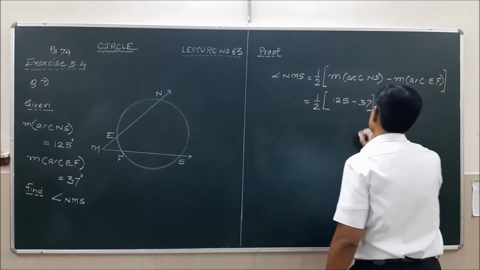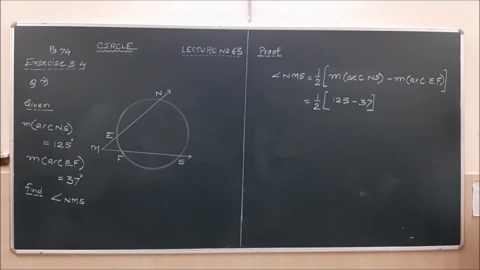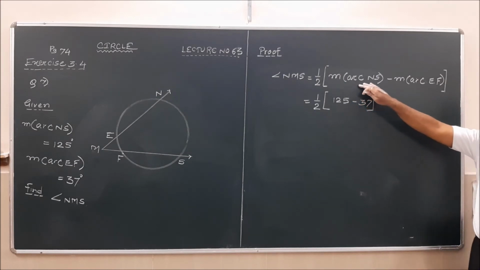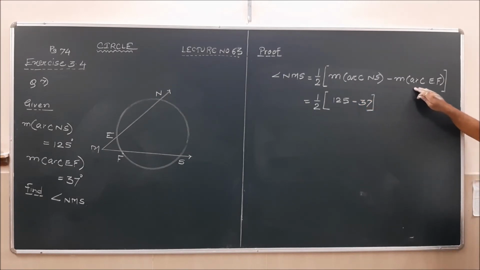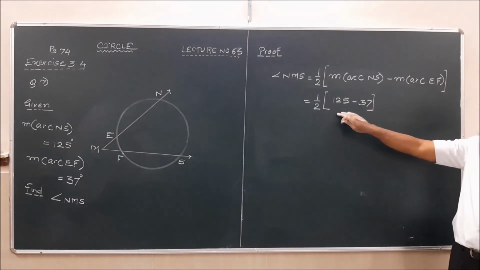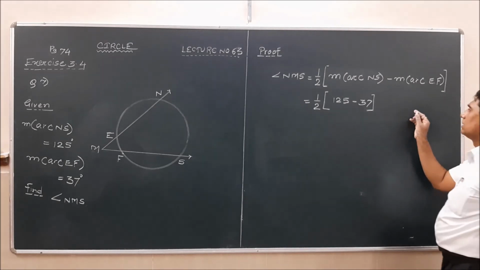So simply, in the second step, I substitute the values. Measure of angle NMS is equal to measure of arc NS minus measure of arc EF, that is 125 minus 37.